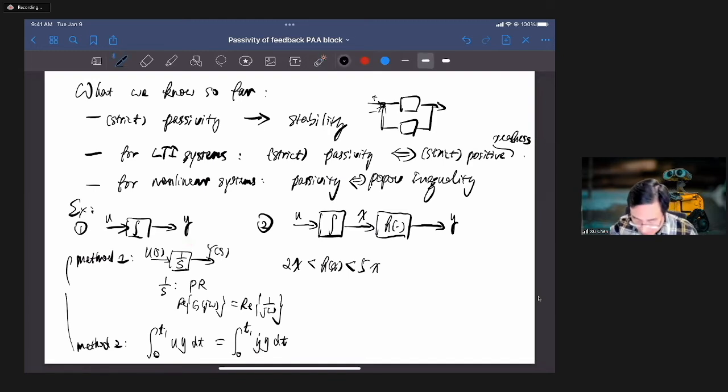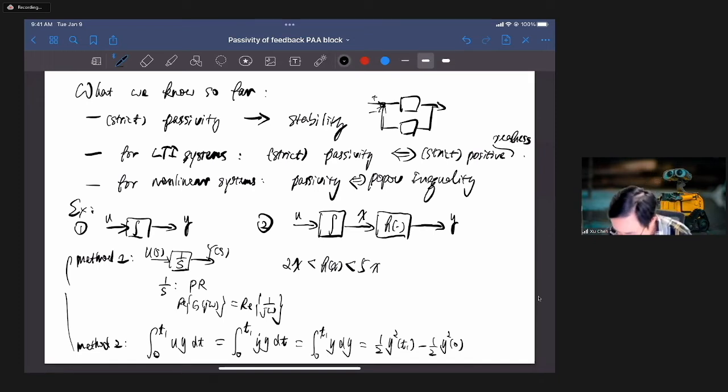So this cross product between u and y and integration is really nothing but integration of y dy, which is half of y squared at t1 minus half of y squared at initial time 0.